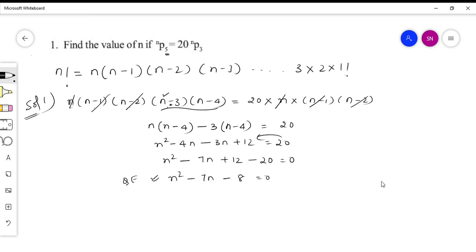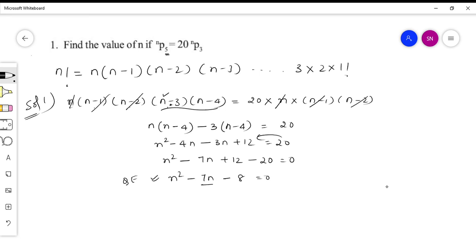See, whenever the middle term is odd, always go for formula method of getting the value of the unknown quantity. Okay, if the middle term is even, then go for splitting up of the middle term. Okay, now since the middle term is an odd quantity, 7 into n, I will make use of formula method.